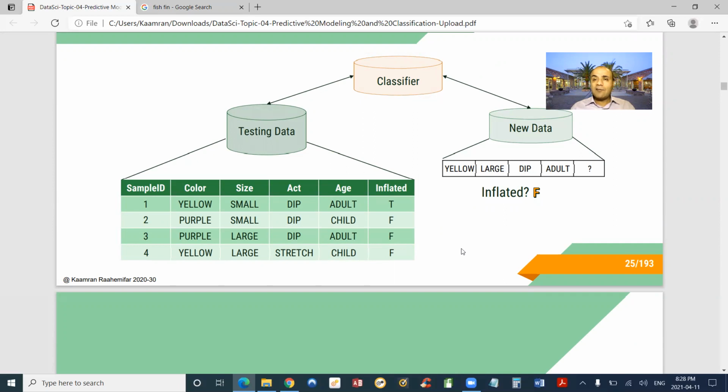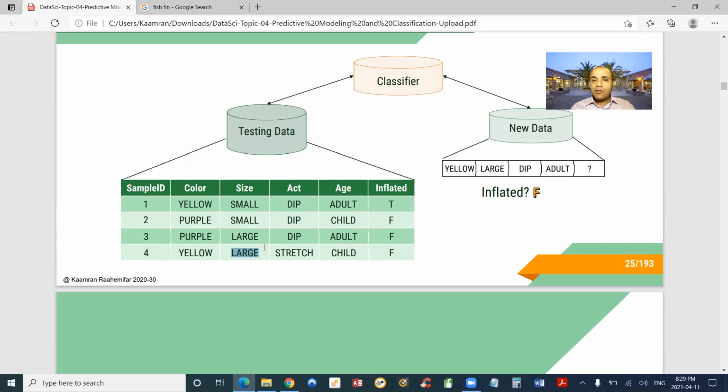You're going to sit down and say, whenever I had large, take a look at this. Again, assuming that this is a standalone slide by itself, this is a large. And whenever I had large, I had F. When I had yellow, I had true and false, 50-50.